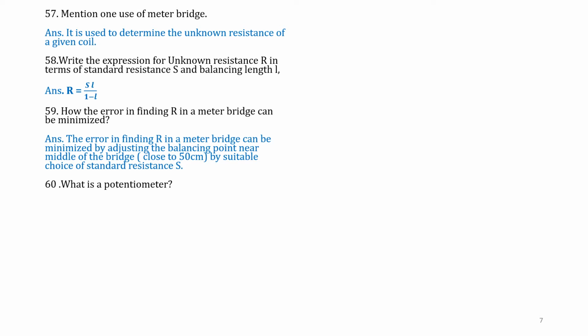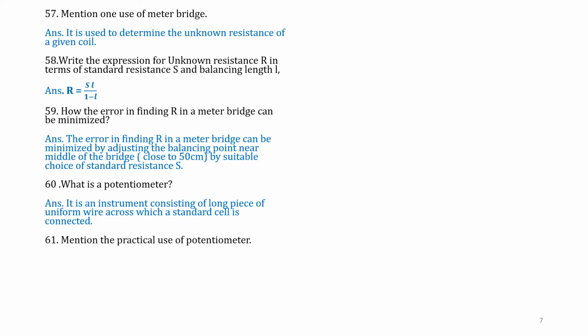Question number 60. What is a potentiometer? Answer. It is an instrument consisting of a long piece of uniform wire across which a standard cell is connected. That is, it is an instrument where a long piece of uniform wire is connected across the standard cell. Question number 61.